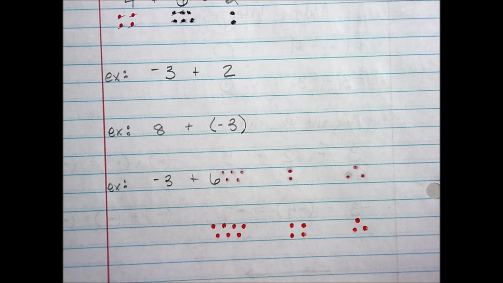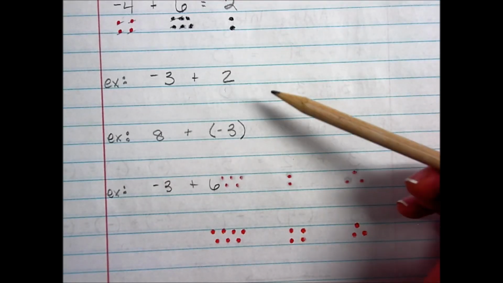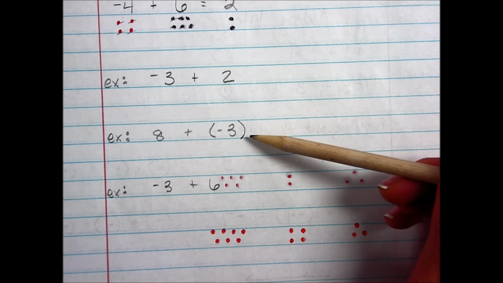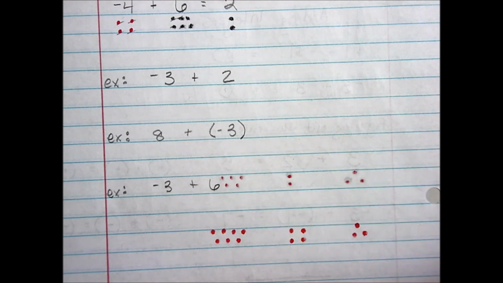You can work with your chips. Or if you've already figured out the rule, you can just work it. And if you're done early, make sure your group member knows what we're doing. I want you to work these 3. Negative 3 plus 2. 8 plus a negative 3. And then negative 3 plus a 6.